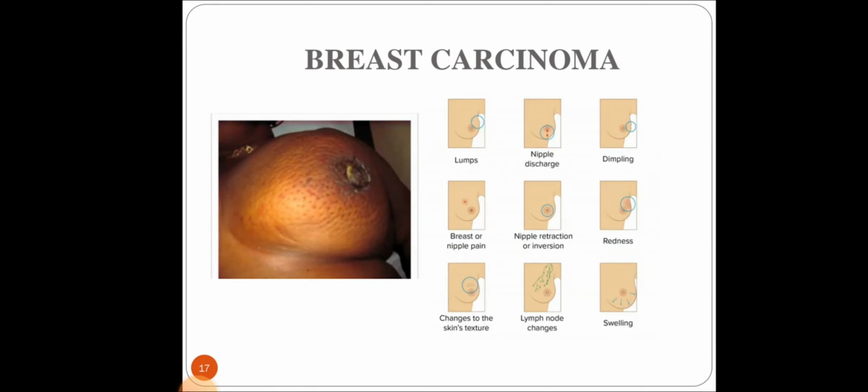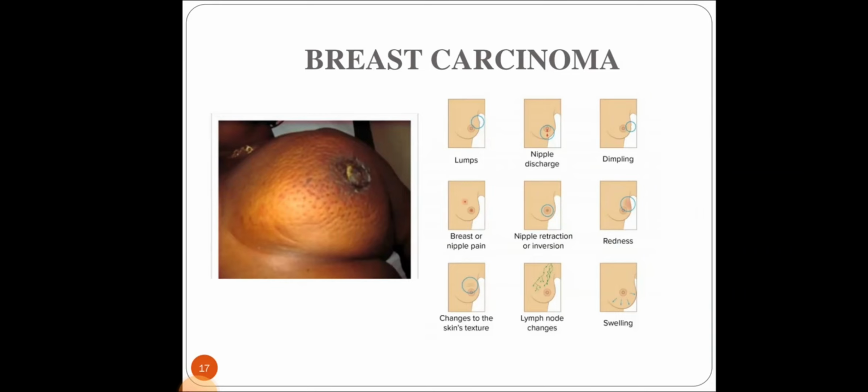And a few other syndromes will be associated with this breast carcinoma. Means certain diseases like LFS, Li-Fraumeni syndrome, that is a rare disease with familial breast cancer, and it is associated with sarcoma and leukemia, etc. So such kind of syndromes can result in breast carcinoma.